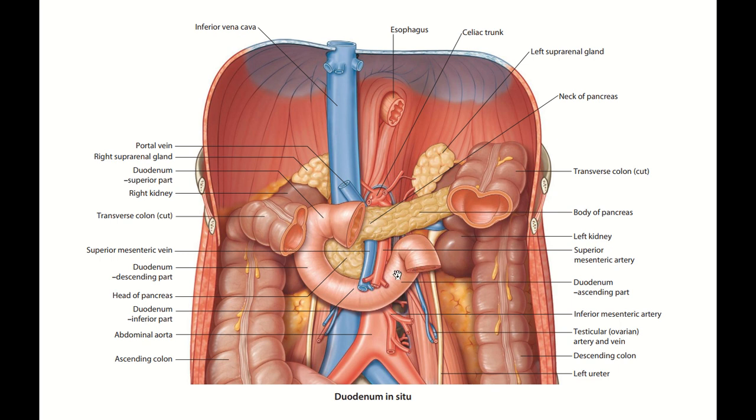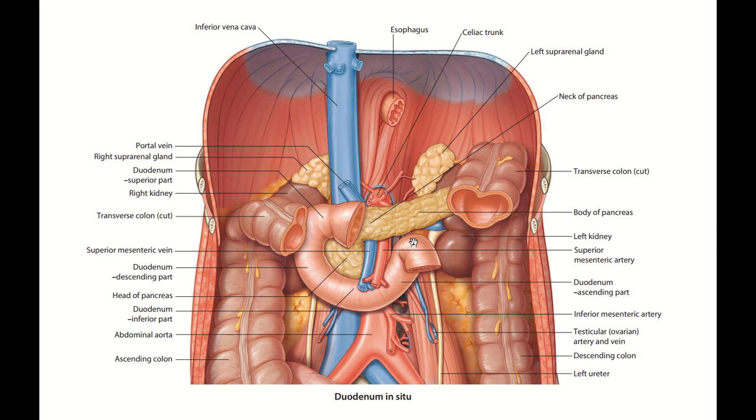That's going to be formed by the fourth part of the duodenum. Take note of this. The fourth part of the duodenum is actually going to be fixed by an attachment of a ligament called the ligament of Treitz, right?